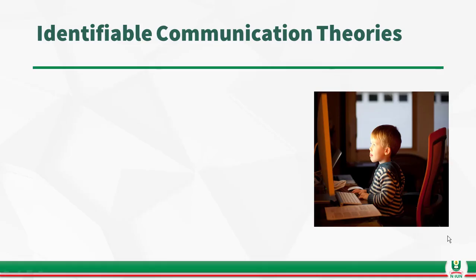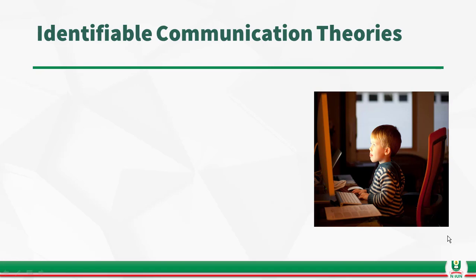Now let us discuss some of these communication theories. We have about 10 of them, but we only explain 5 of them, and you also have time to go through the manual and read the others. Then we come to the class or to the discussion forum to discuss them.